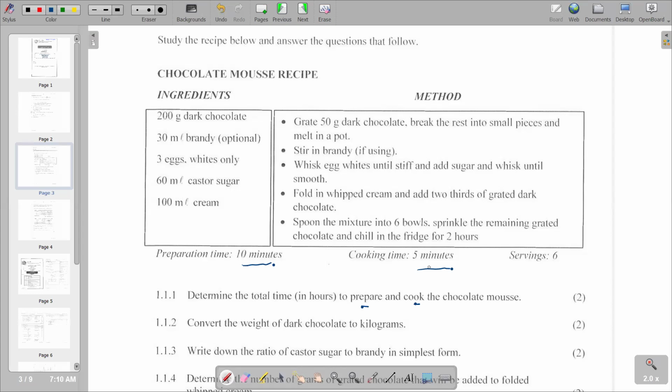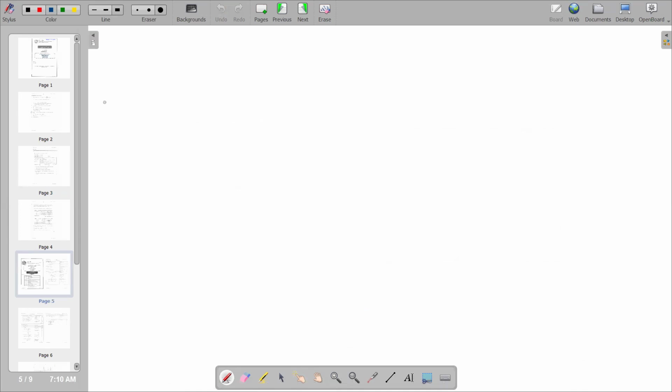We can present that in our answer section, 1.1.1. It's 15 minutes that we have, which we calculated by saying our 10 minutes plus our 5 minutes. So that's the first part of our question.